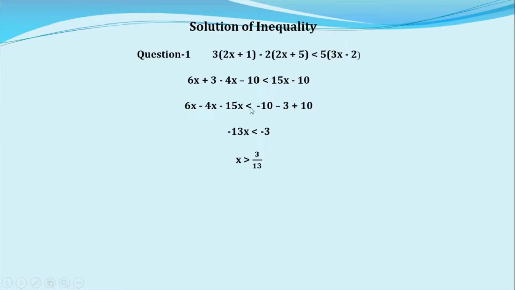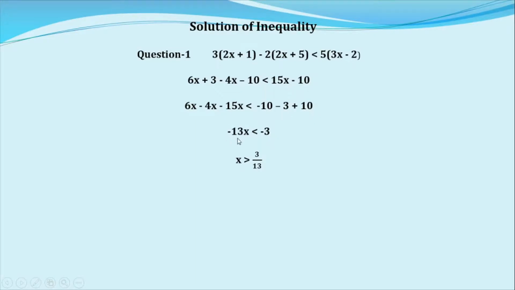And this inequality symbol will remain same because we have added or subtracted some numbers on both sides. So 6x minus 15x, it will become minus 9x, plus 6x, it will become minus 3x, which is less than minus 10 plus 10, they will be cancelled to each other and it will be minus 3 only.